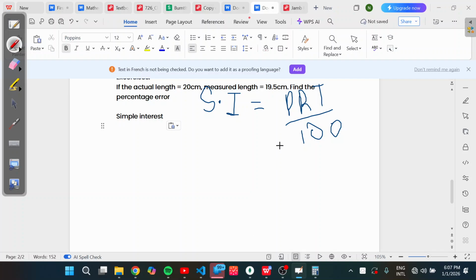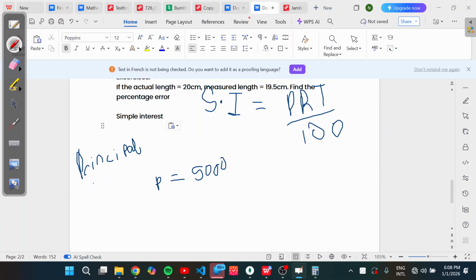If we were given our principal to be 5,000 naira, let me spell it out for you guys: PRINCIPAL. So principal was given to be 5,000. Our rate is given to be 10%, and time, let's say 2 years.